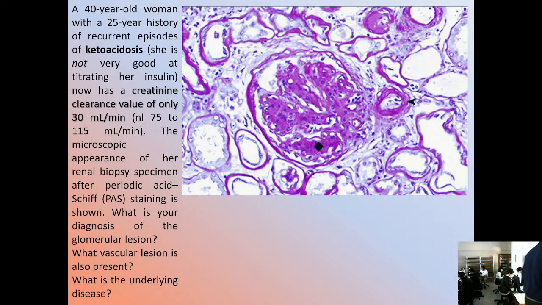What is the creatinine clearance? How much creatinine is excreted by the urine? And it's very low. Why? Because the nephrons of this patient do not function properly. So there is some degree of renal insufficiency in these diabetic patients.